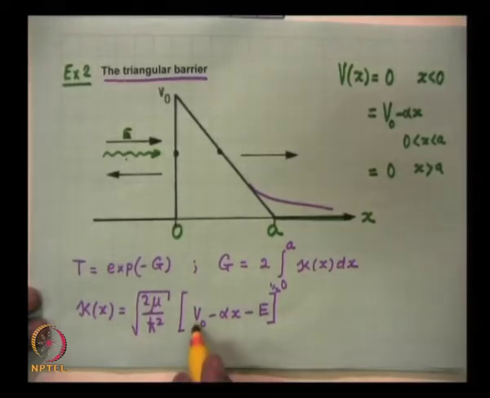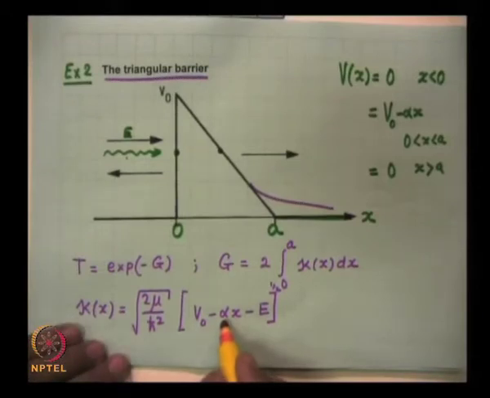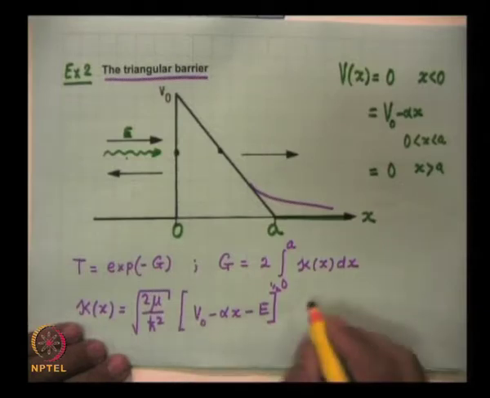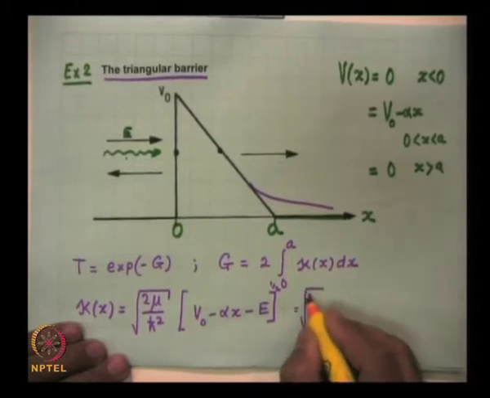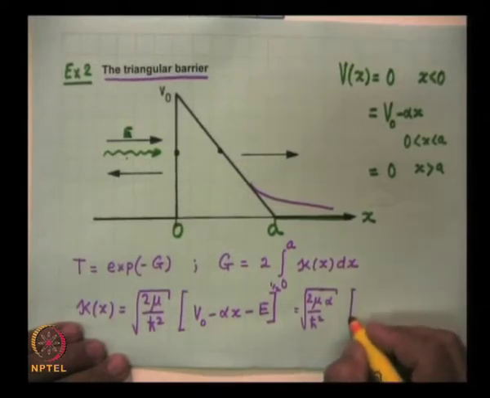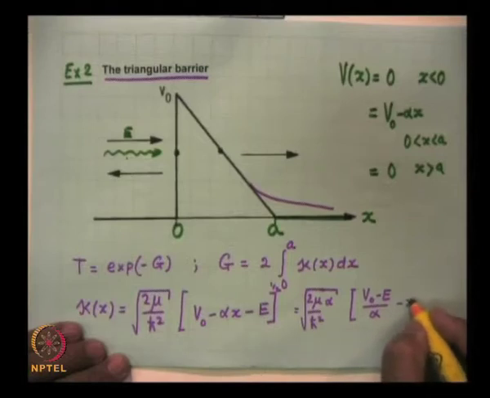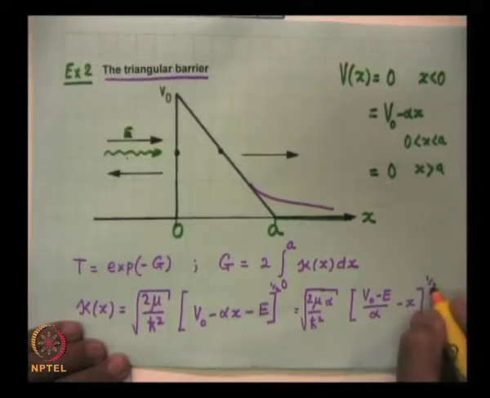So, what I will do is I will take alpha outside. So, this will be 2 mu alpha by h cross square, and then under the root V0 minus E divided by alpha minus x, raised to the power of half.